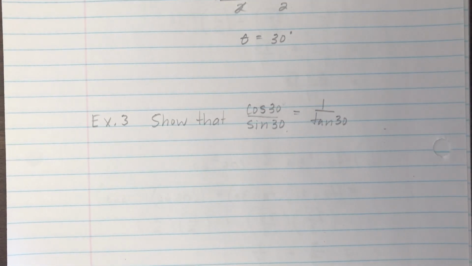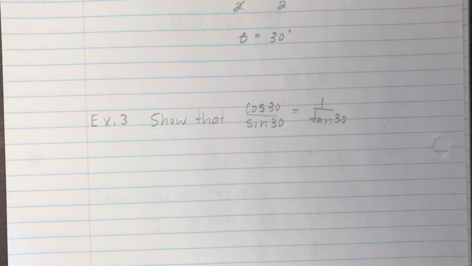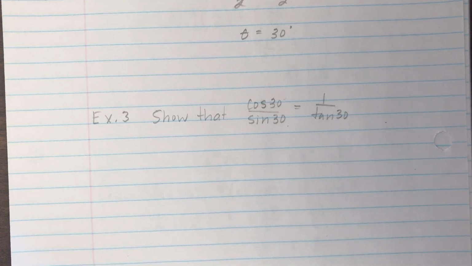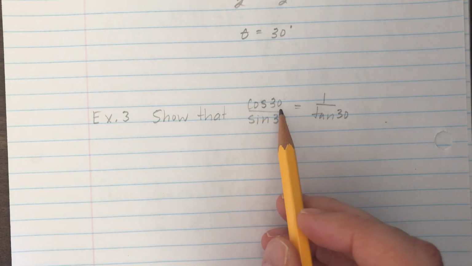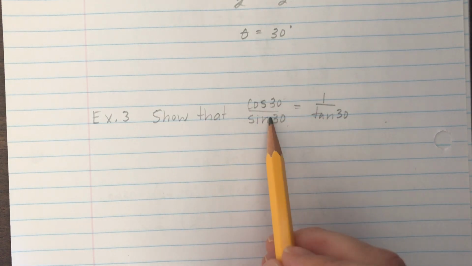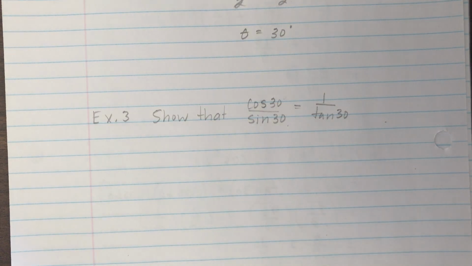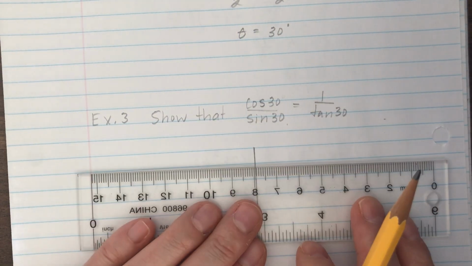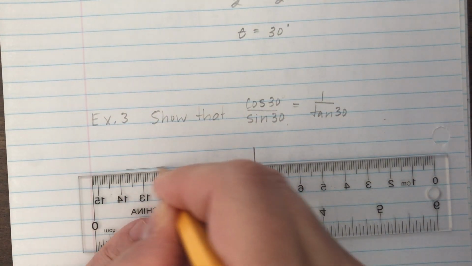We also use these values to verify some type of identity here, or property. So all we have to do here is show that cos 30 over sine 30 is really equal to 1 over tan 30. So we're going to divide this into a left side and a right side and substitute the exact values.